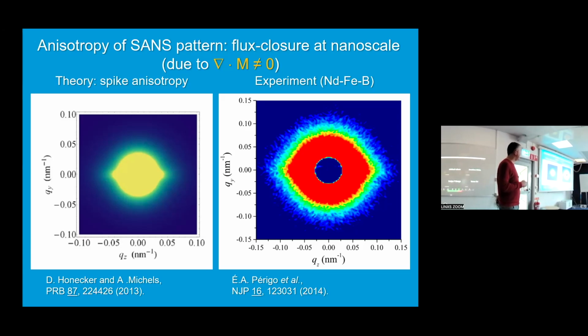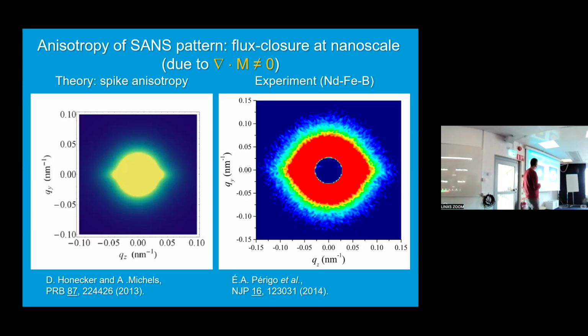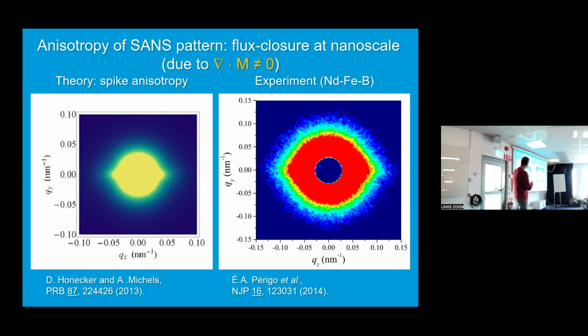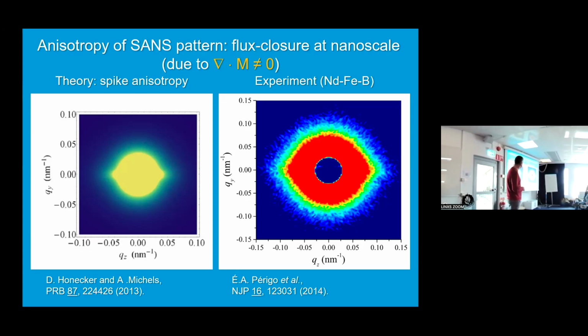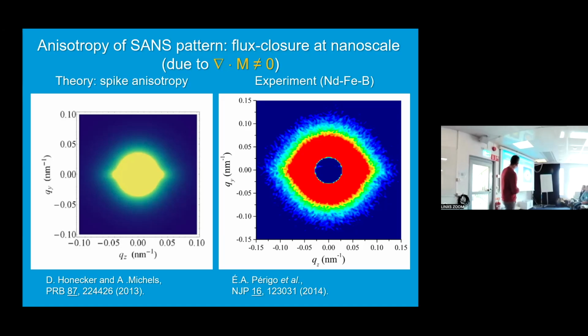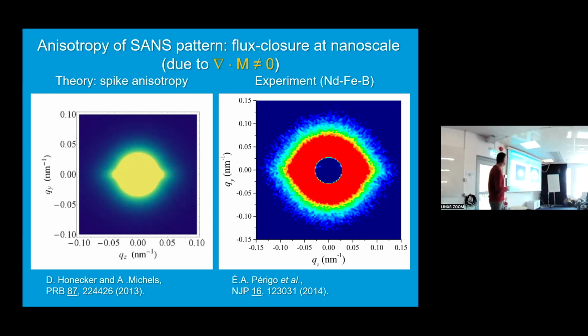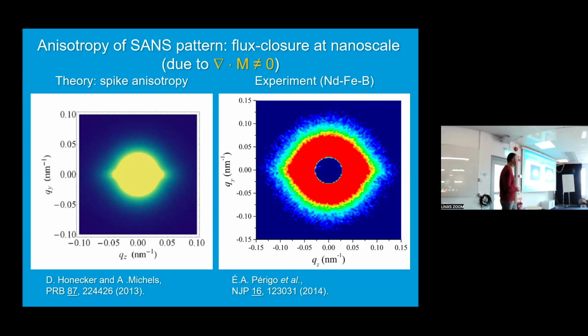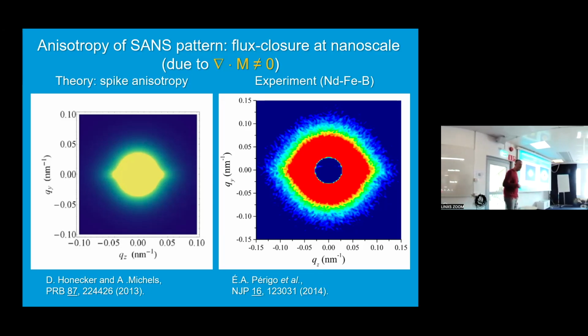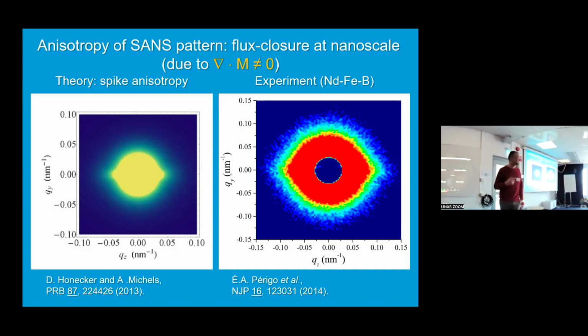That was for the case when you have a homogeneous material, everything is homogeneously magnetized, because in that case, the divergence of the magnetization is zero in the bulk. If the material is not homogeneously magnetized, then the divergences of the magnetization within the volume of the material may not be zero, and they may cause themselves a magnetostatic field. And that's the origin of this.